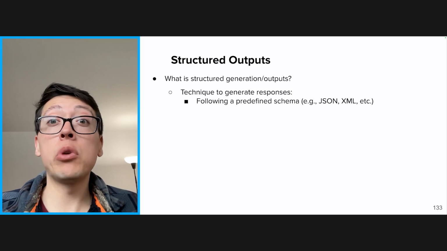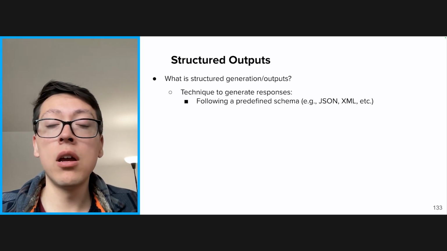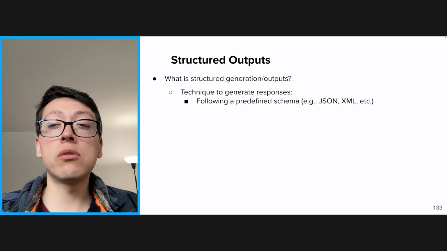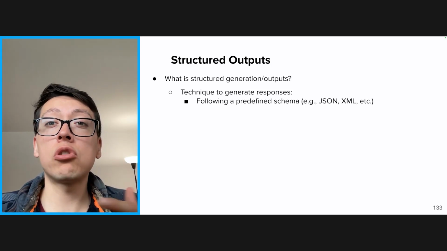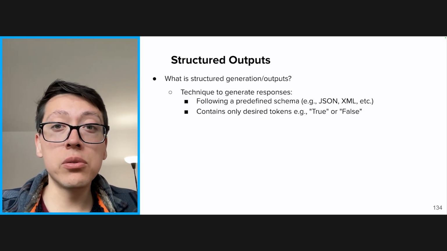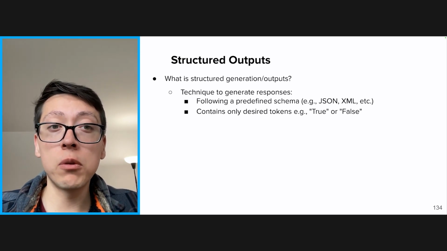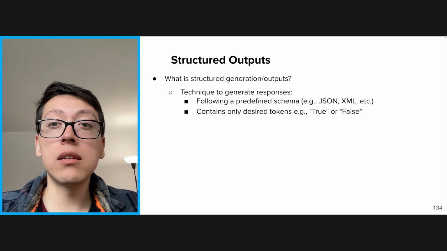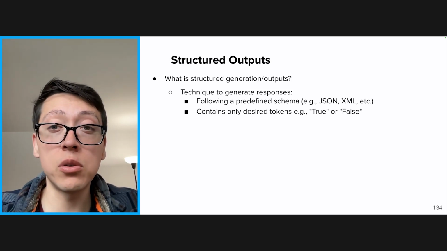So if we want the answers to be within a JSON schema, or if we want the answers to be within XML, for example, we can use structured outputs to do exactly that. Also, if we already know the types of answers that we want from the models, we can tell the model to use the specified tokens.